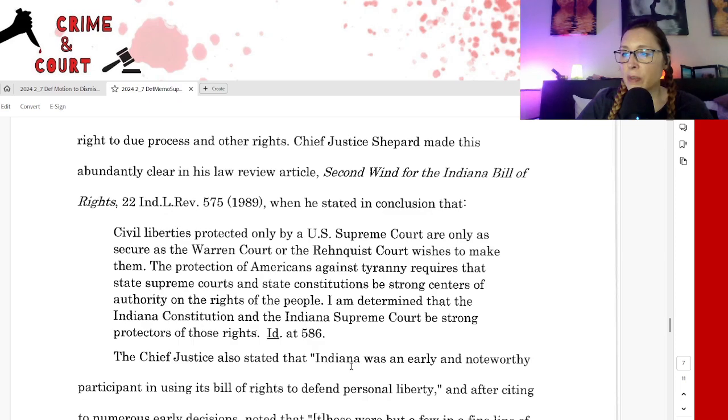The protection of Americans against tyranny requires that state Supreme Courts and state constitutions be strong centers of authority of the rights of the people. I am determined that the Indiana Constitution and the Indiana Supreme Court be strong protectors of those rights.